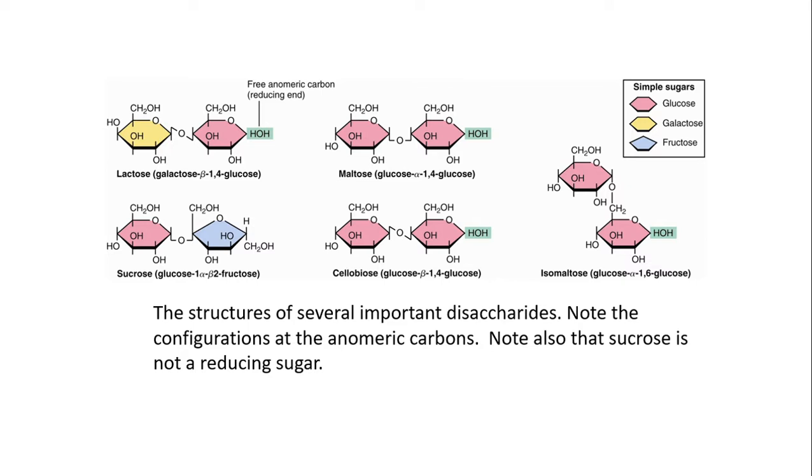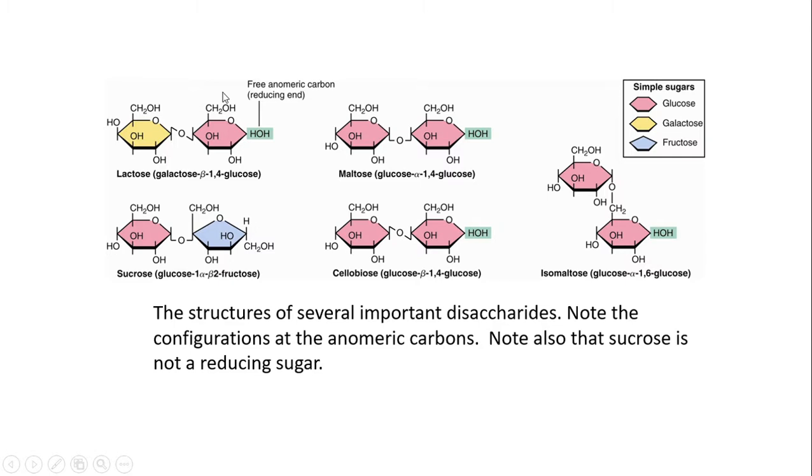The only one of these that is not a reducing sugar is sucrose again. Here's that anomeric carbon, and it is not free. So it doesn't have that hydroxyl group attached to it like these structures do.